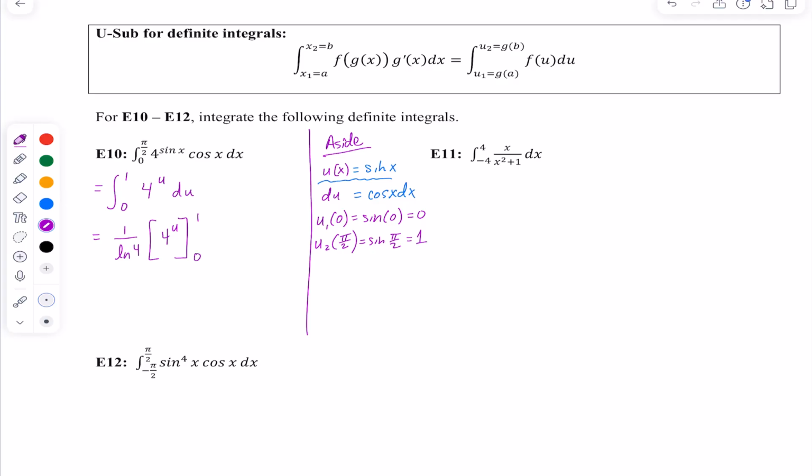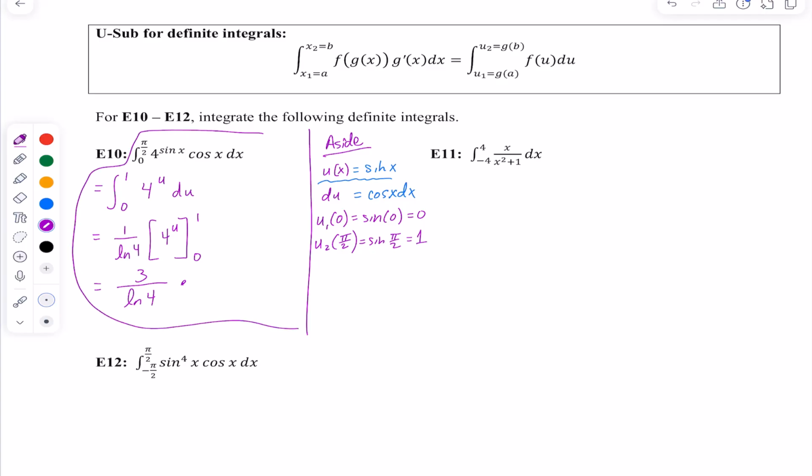Now we could apply the fundamental theorem of calculus. We'll simply subtract the two accumulation numbers, and that number is simply 3. And you're done.